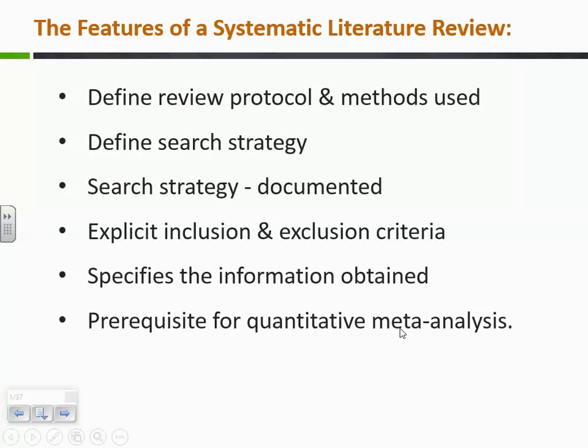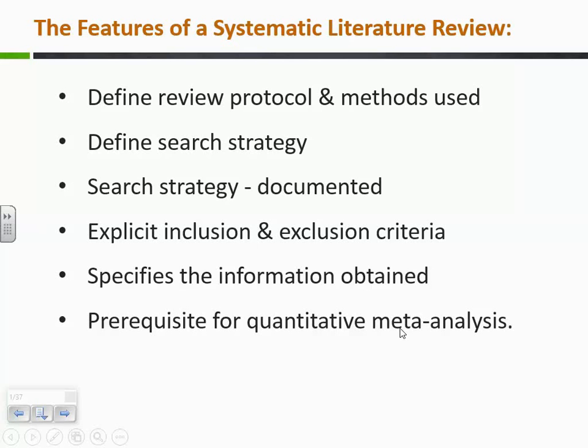A systematic literature review is based on a defined search strategy that aims to detect as much of the relevant literature as possible. Basically, when you're done with your study, you want to have included everything about your topic. The search strategy is documented so that readers can assess its rigor, and the completeness and repeatability of the process, because it's all about having your literature and the data being reused.